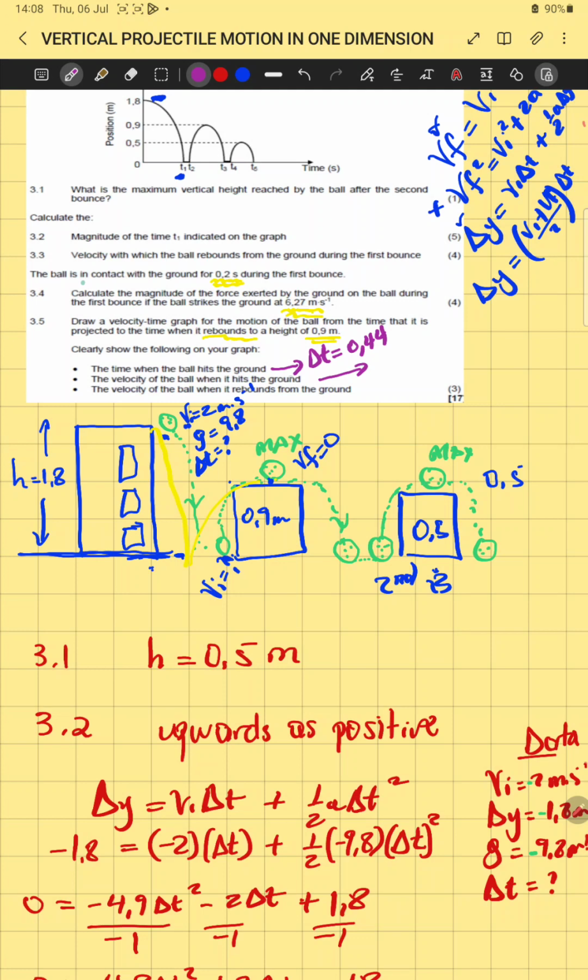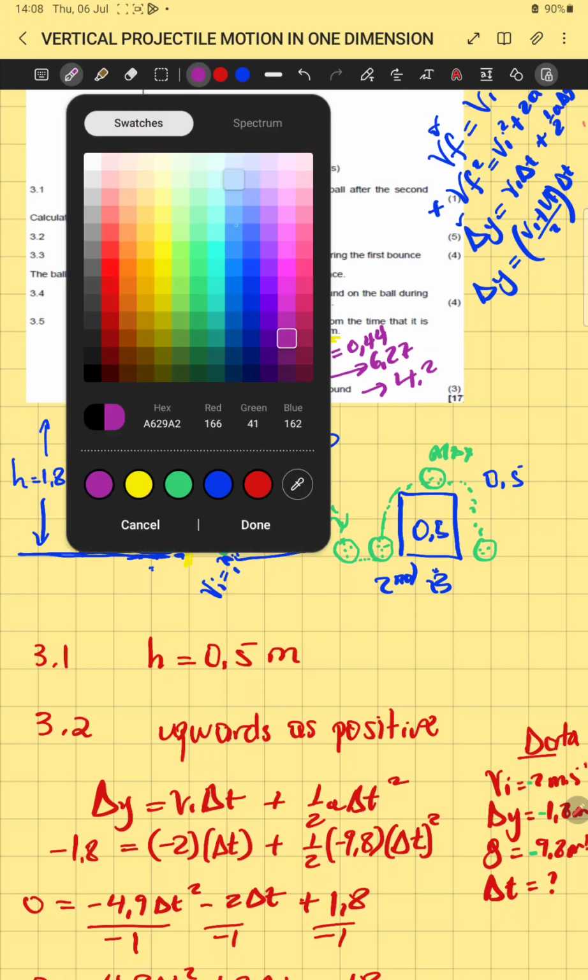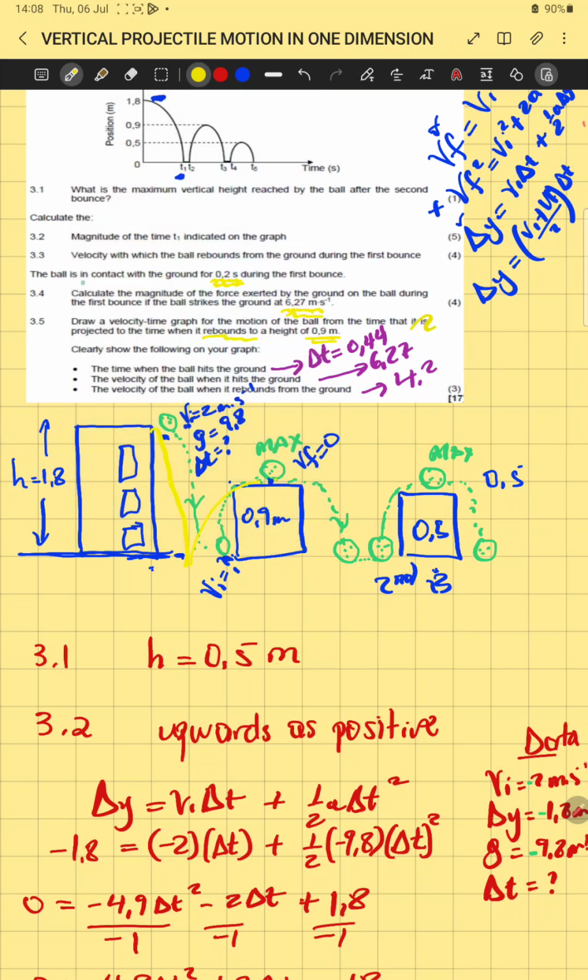Then we need to show the velocity of the ball when it hits the ground, which we've just got as 6.27. And then also the velocity of the ball when it rebounds from the ground, which is 4.2 meters per second. Therefore we need to show those three things in our graph, for 3 marks.